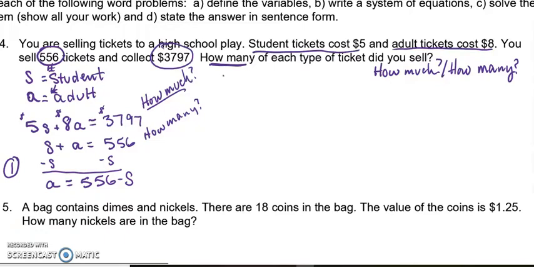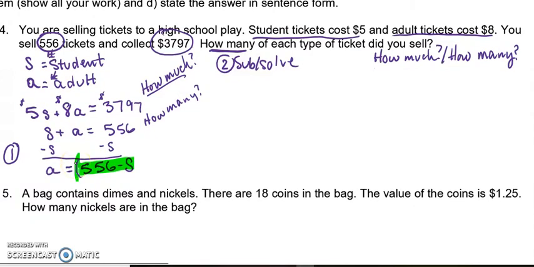Step number two is the sub and solve step. So I'm going to take this information and put it in parentheses, and this is going to go into the other equation. So let me write that other equation down here so we don't have to worry about it so much.